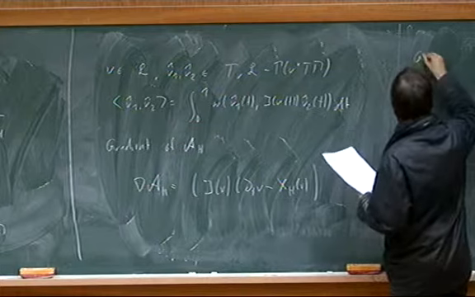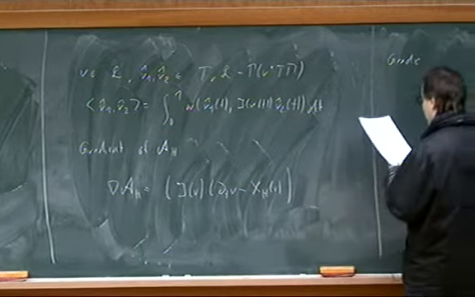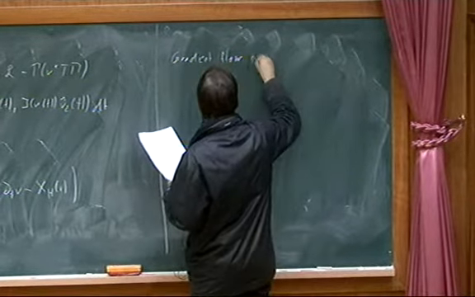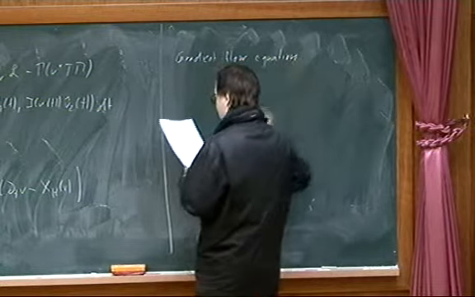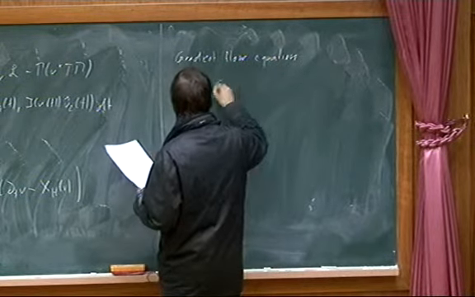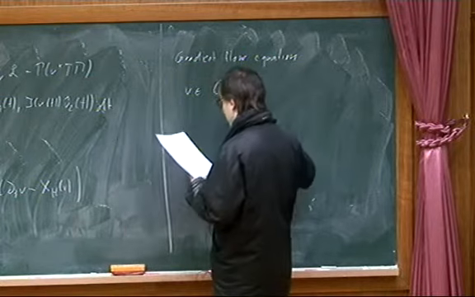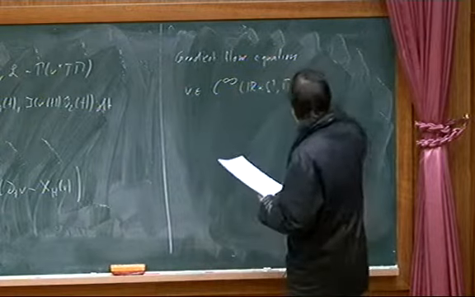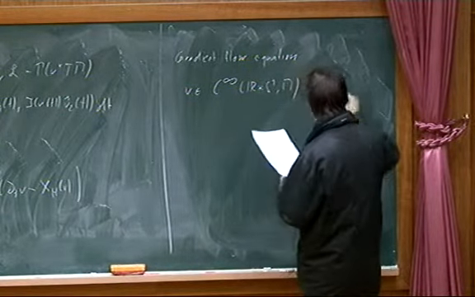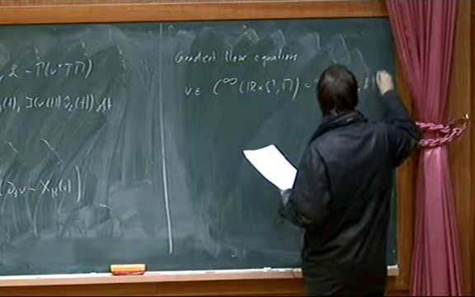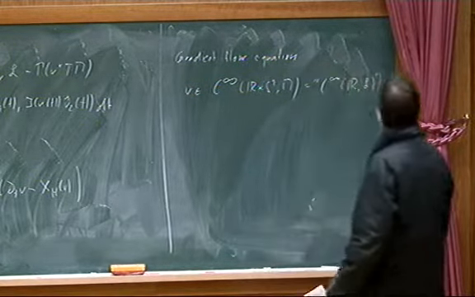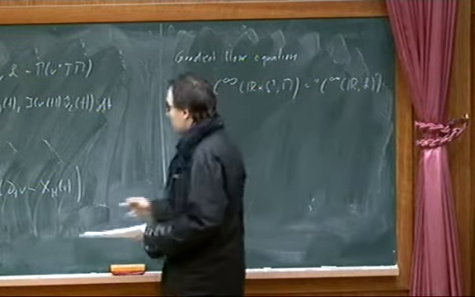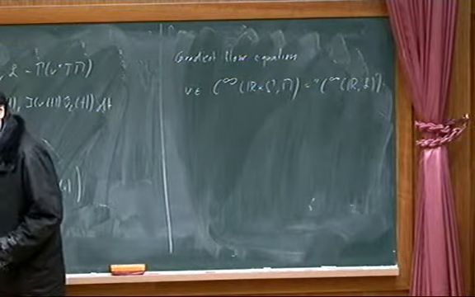So the gradient flow equation: V is now a loop which flows, and we should just think of this as a map from the cylinder to M, or a smooth map from the reals to the loop space, which satisfies dSV equals this gradient.